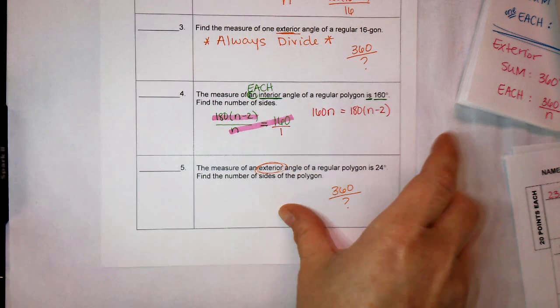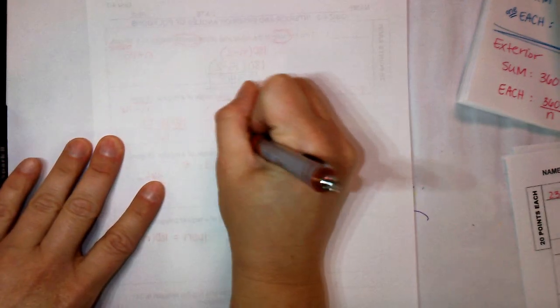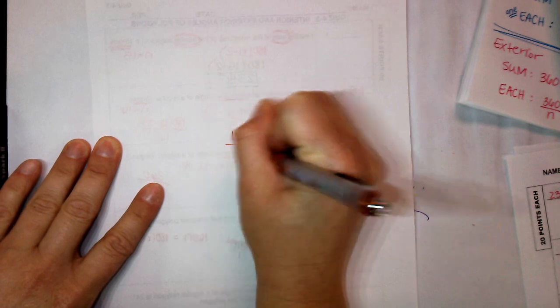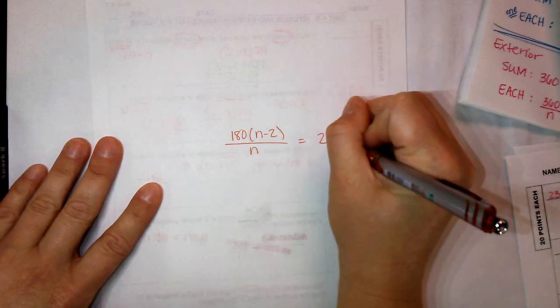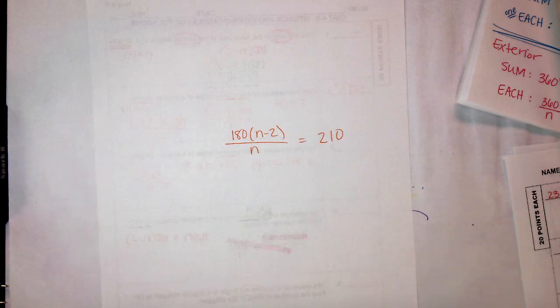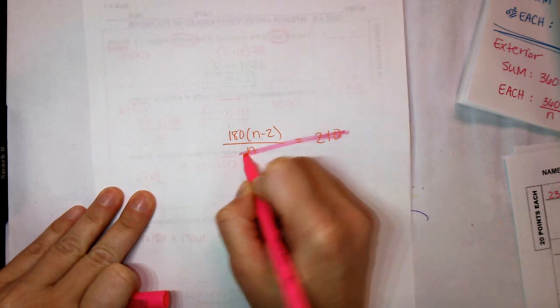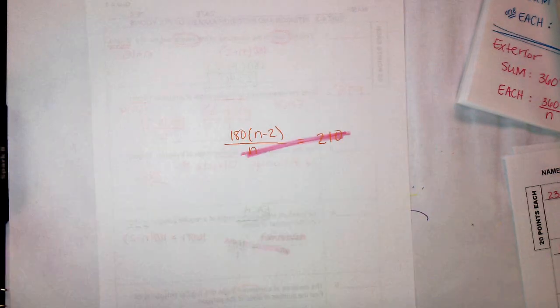So for instance, if I tell you that your formula, this is what you have, and it equals 110. Okay, your next line is going to be 210n equals that. It's the same pattern every single time.